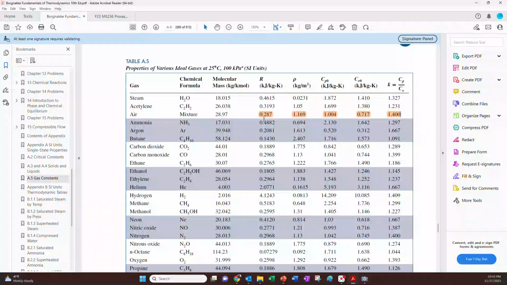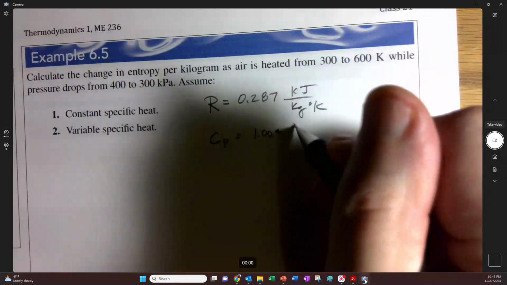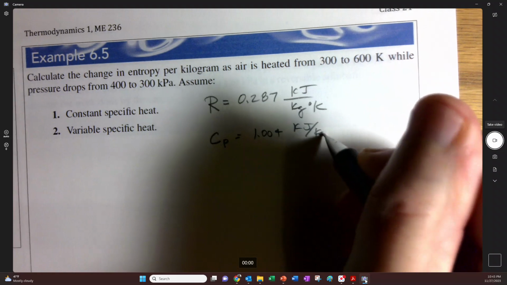The gas constant for the ideal gas law is 0.287, and we're going to use the CP for this, 1.004, in kilojoules per kilogram degree Kelvin.